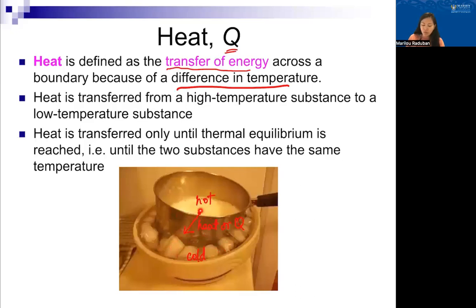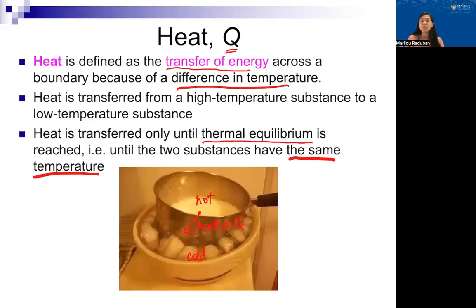Meaning heat is usually transferred from hot to cold, and it only is transferred while the two objects have different temperatures. So when the objects have the same temperature, then heat transfer will stop, and we say that the objects are in thermal equilibrium.